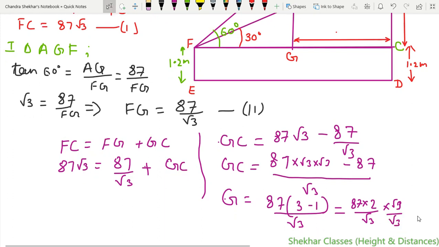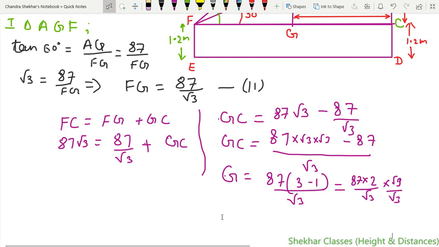So GC is equal to 87 into 2 root 3 upon 3.